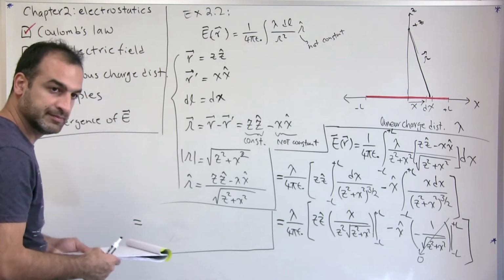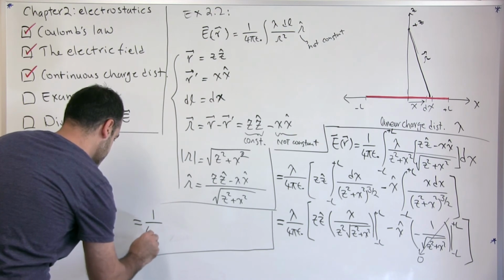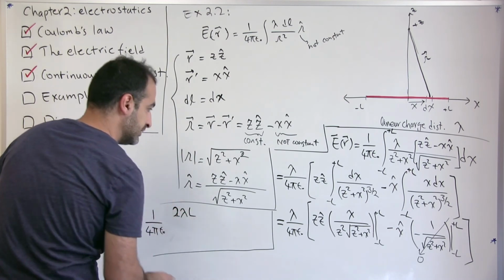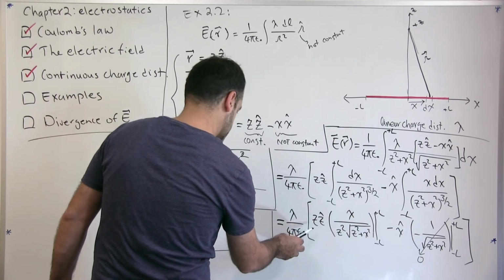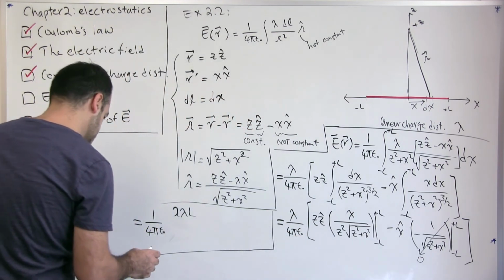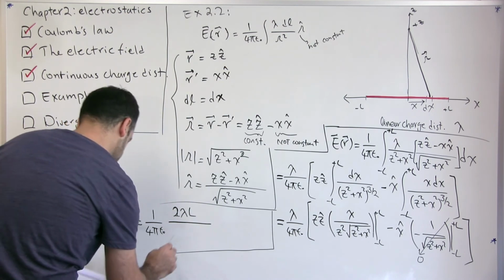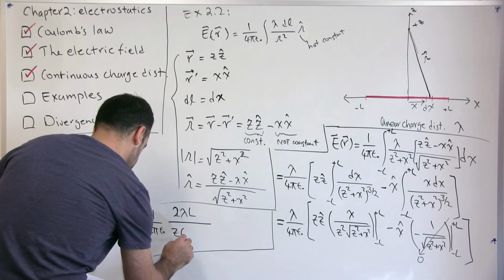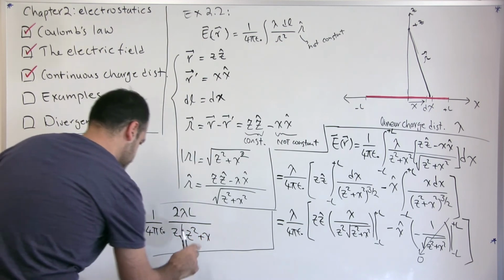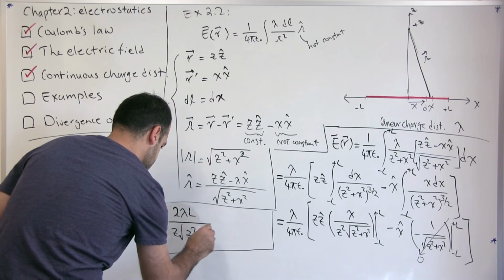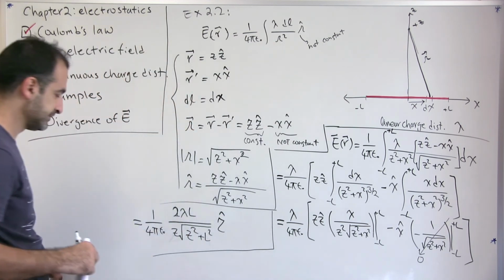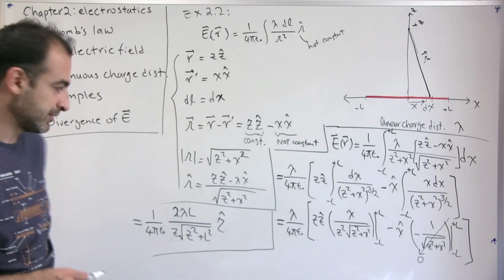It's going to be equal to 1 over 4 pi epsilon 0 times 2 lambda L. We have a z that will be cancelled out with the z in the numerator: 2 lambda L times z over z times the square root of z squared plus L squared, times z hat. So this is the final answer.